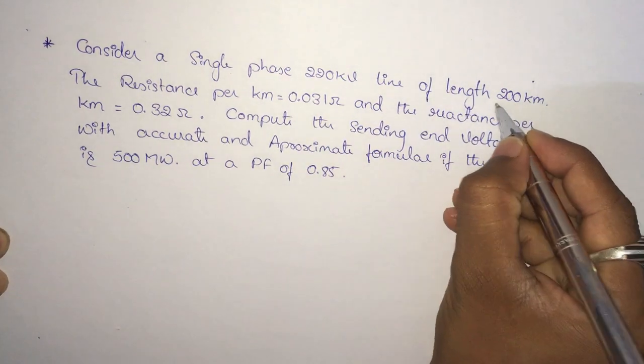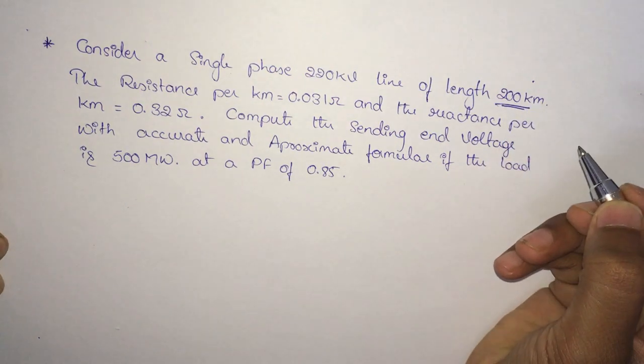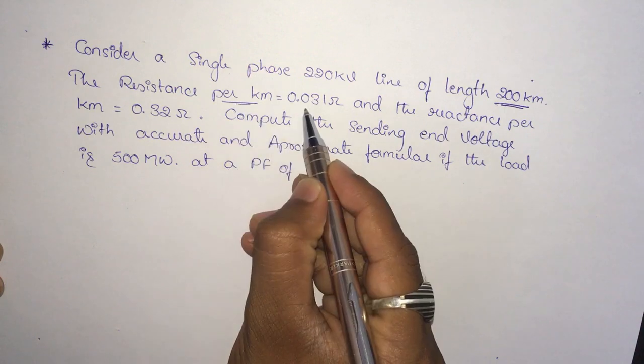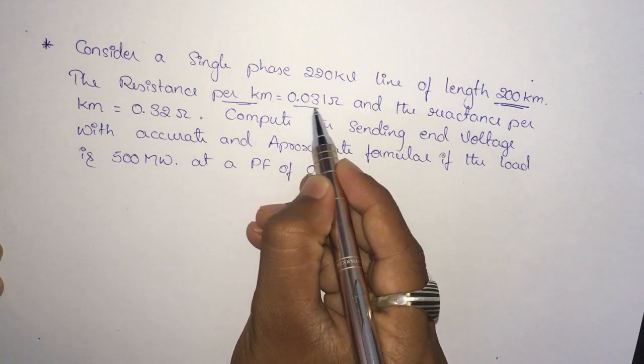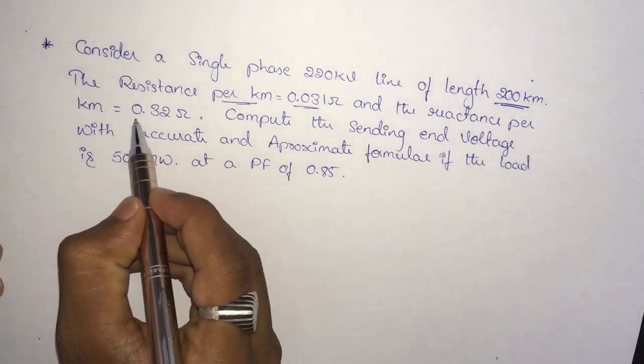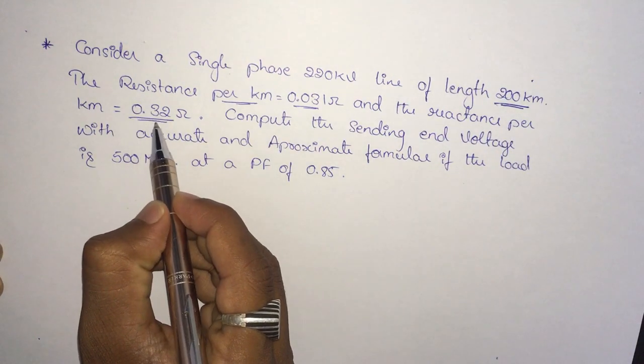You can see here the length is 200 kilometer with a resistance per kilometer of 0.031 ohm and the reactance per kilometer is 0.32 ohm.